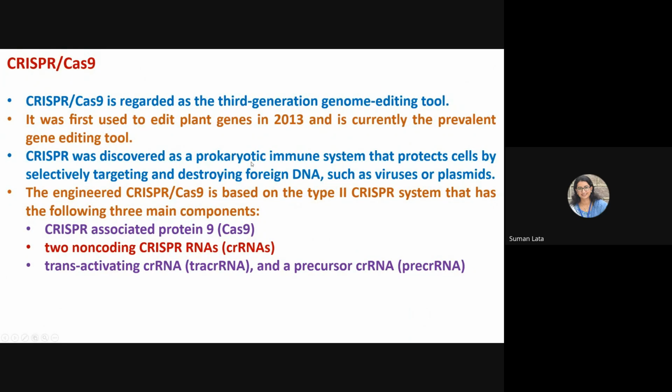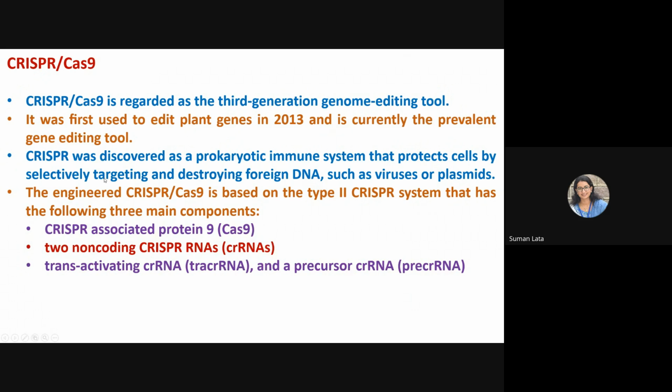So after TALENs, the CRISPR-Cas9 came, and it is regarded as the third generation genome editing tool. It was used to edit plant genes in 2013, and it is currently the prevalent genome editing tool.